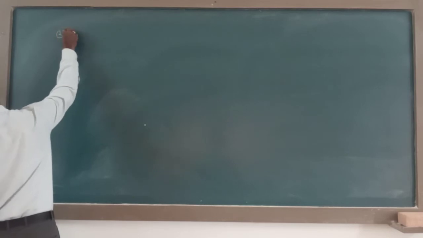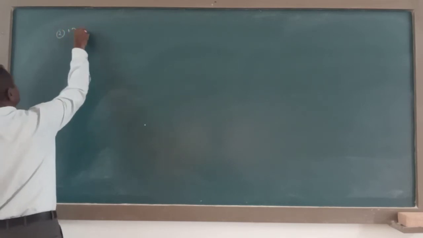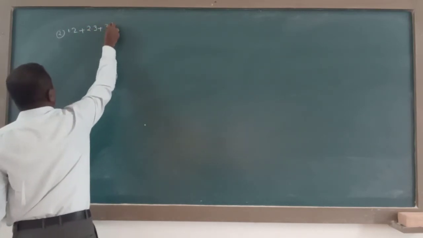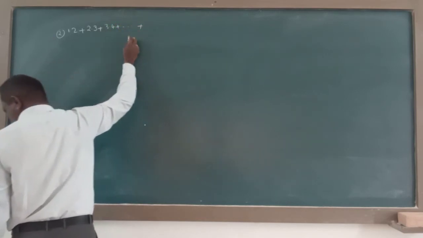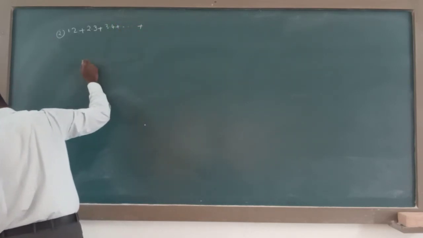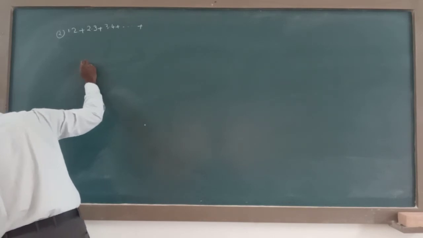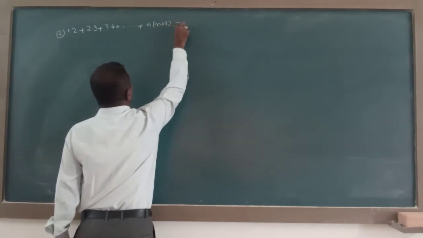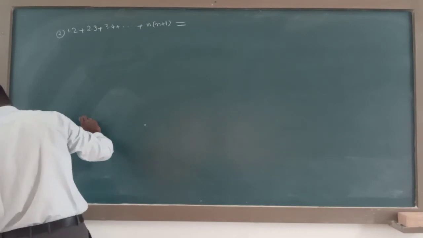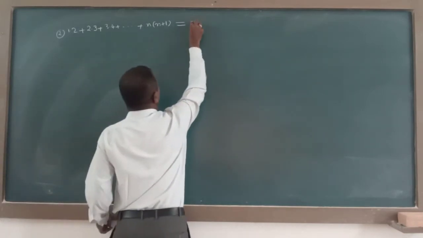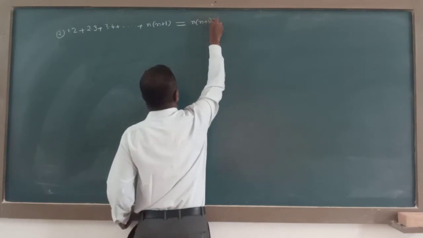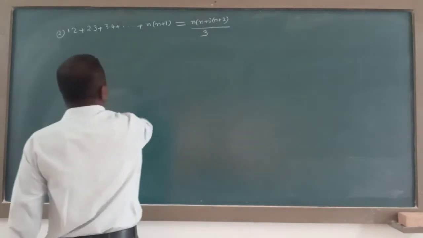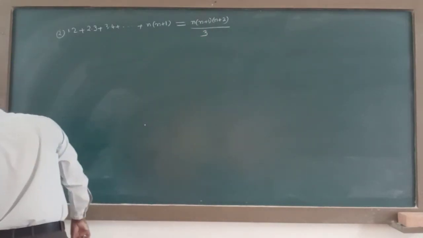Second question: 1 into 2 plus 2 into 3 plus 3 into 4, and so on, plus n into n plus 1, is equal to n into n plus 1 into n plus 2, whole divided by 3 here.